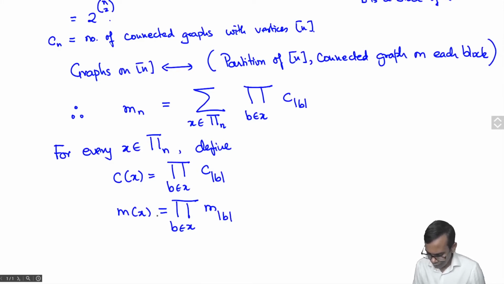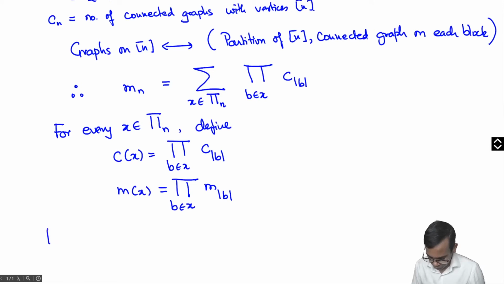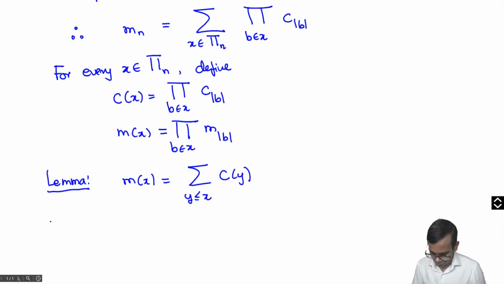This doesn't have as nice an interpretation as this: these are graphs whose connected components are given by the set partition X. But nevertheless, these two are related by the following relation. M(X) is equal to the sum over all Y refining X, which means Y is less than or equal to X in Pi_n, of C(Y). And the proof of this is quite easy.